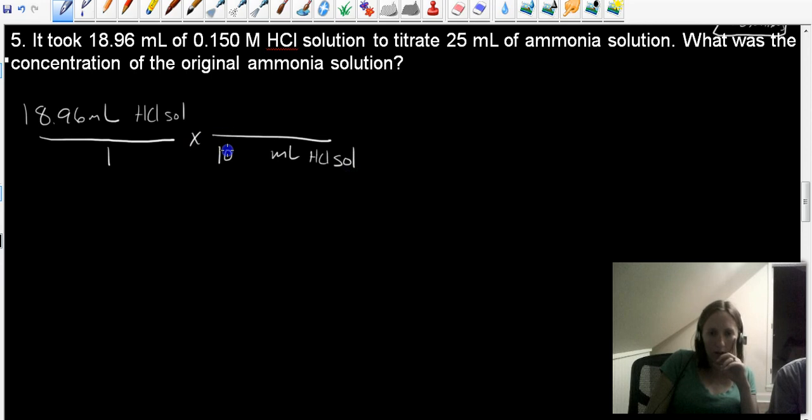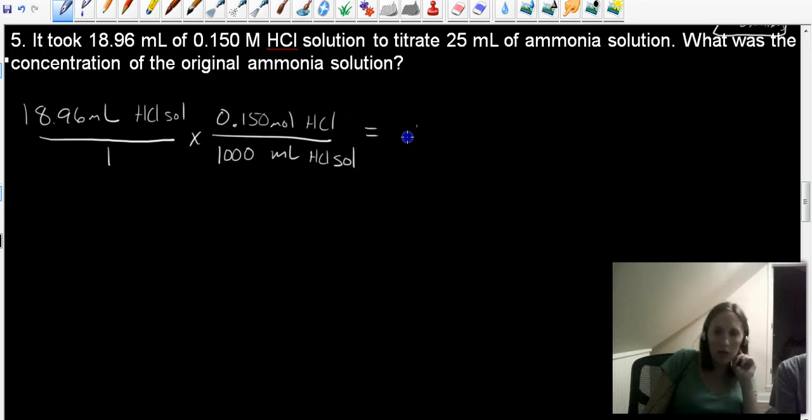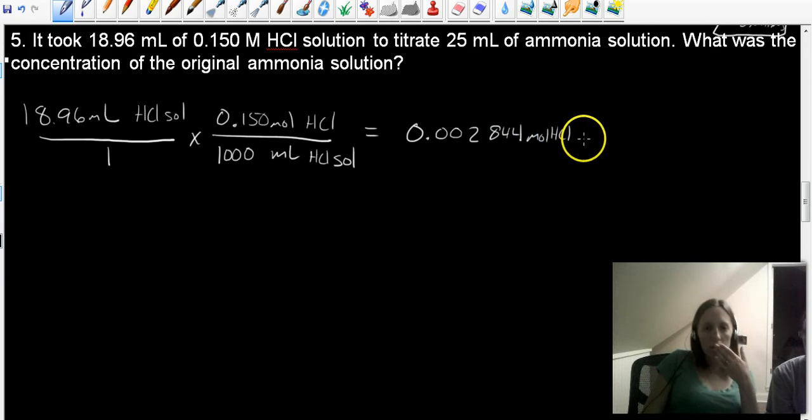I know that in 1,000 mLs there are 0.150 moles of HCl. And that gives me 0.002844 moles of HCl. That's not much, it's true. But we are only dealing with small numbers of milliliters, so don't be too surprised.